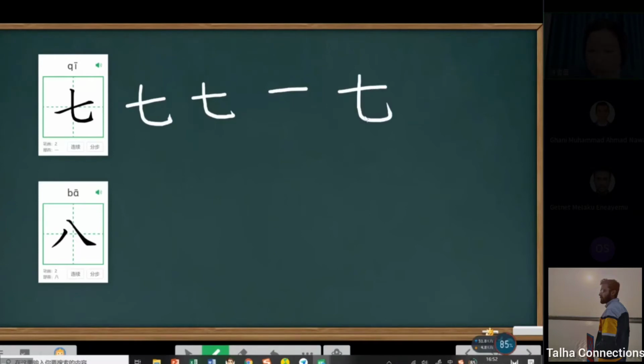Okay, now here must be a hook, a curve and a hook. Do not write like this. It's not the right one. Do not write like this. And there must be a curve.